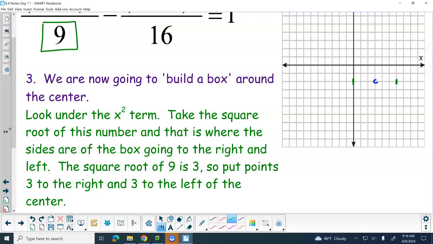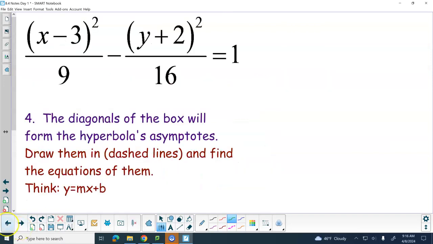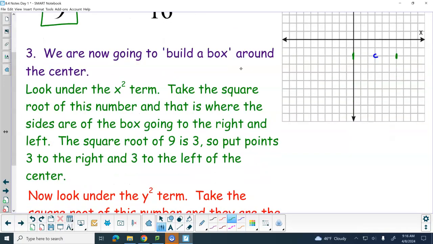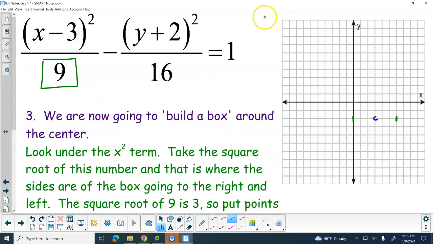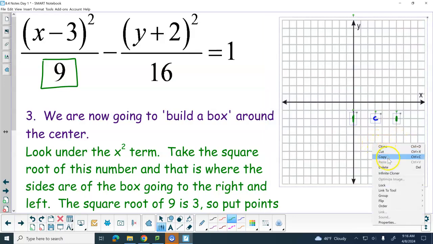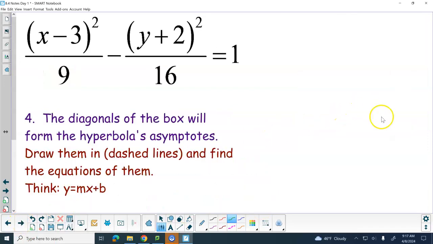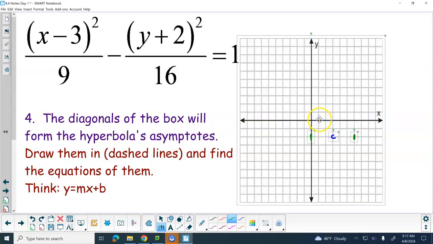Now I have to think if I have to bring this graph with me or not. I do have to bring the graph with me, so that would be a better job for the mouse, I feel. Copy, go over, and paste.